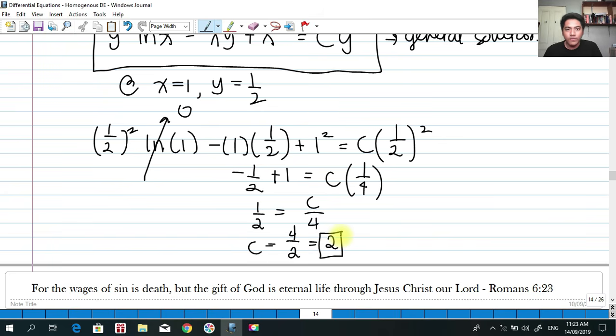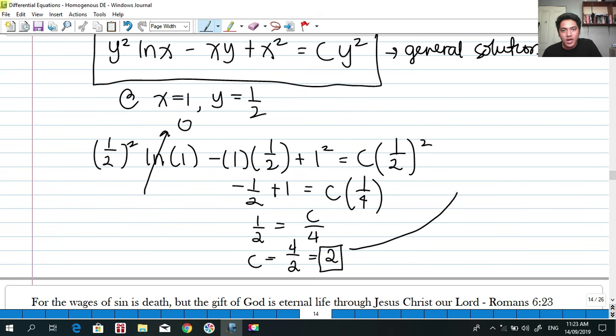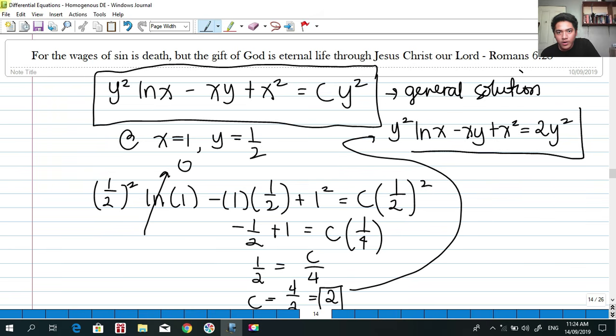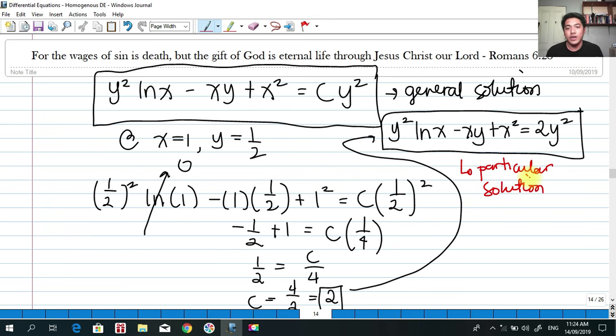And of course, if we're going to write this particular solution, this should be our answer: y squared ln of x minus xy plus x squared is equal now to 2y squared. So this should be our particular solution for our differential equation.